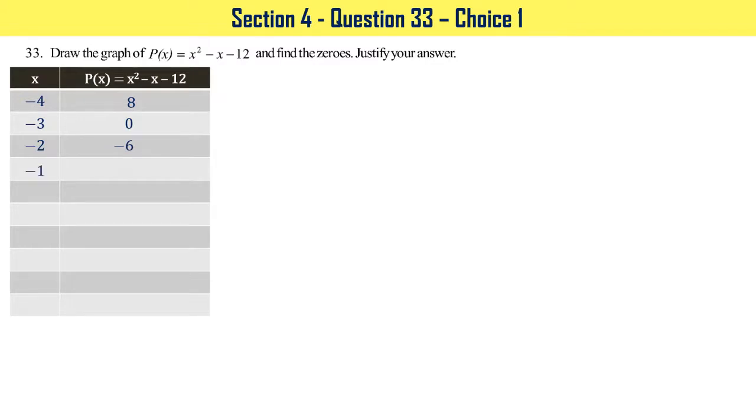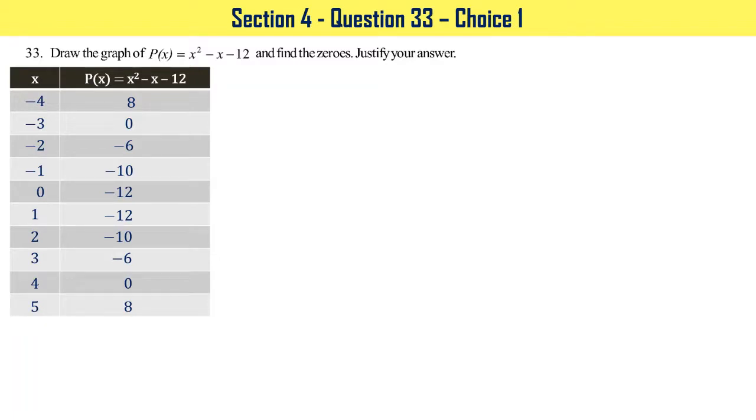X equal to minus 1, p of minus 1 equal to minus 10. X equal to 0, p of 0 is, sorry, minus 12. X equal to 1, x equal to 2, x equal to 3, x equal to 4, and x equal to 5 we have tabulated.